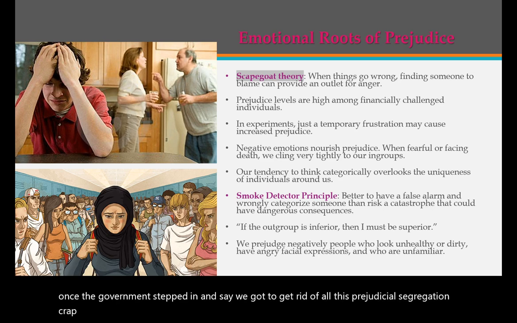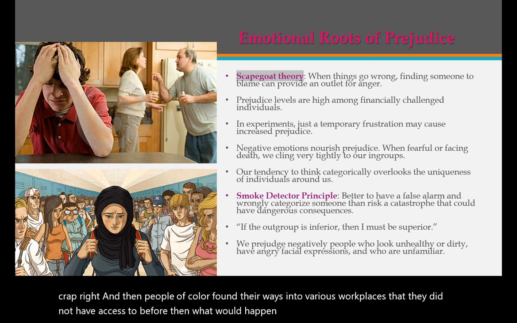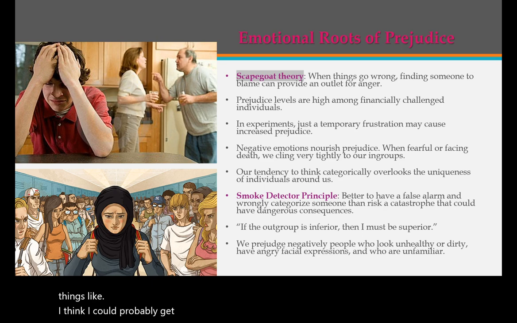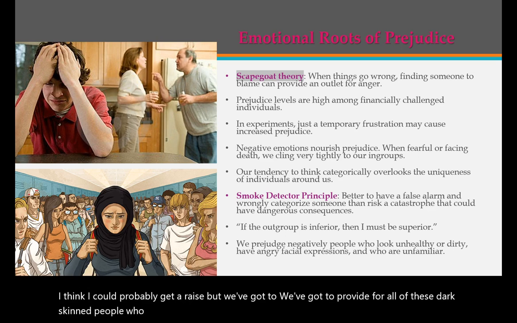And then people of color found their ways into various workplaces that they did not have access to before, then what would happen is those white individuals would say things like, I think I could probably get a raise, but we've got to provide for all of these dark-skinned people who are taking away jobs from the more worthy and the more valuable white workers.